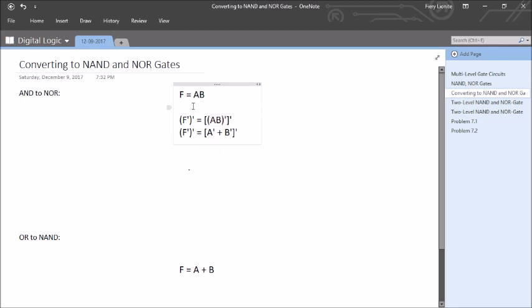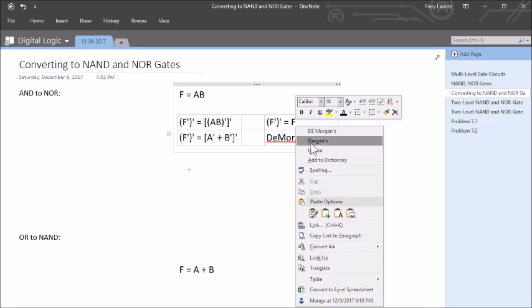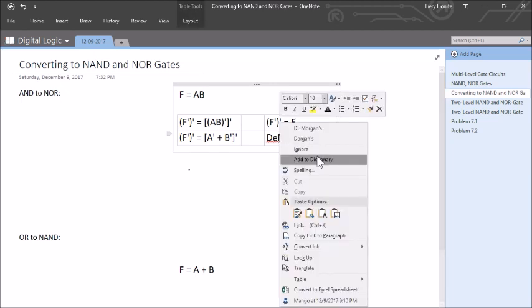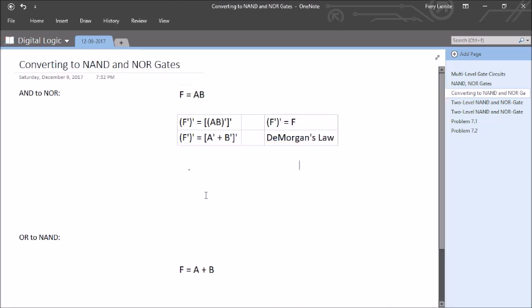So let me rewrite this to make it easier to see. So this is the Morgan law. And let's draw this circuit. Let's see. So let's draw A times B first.